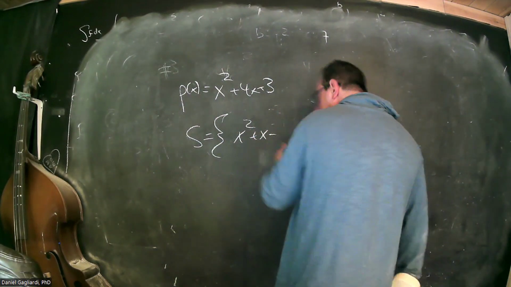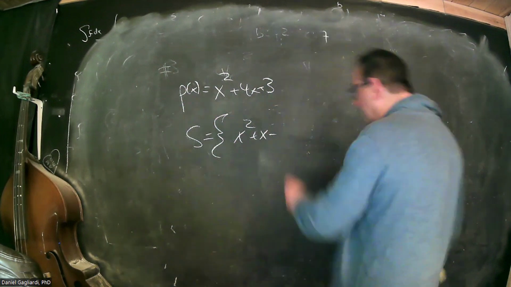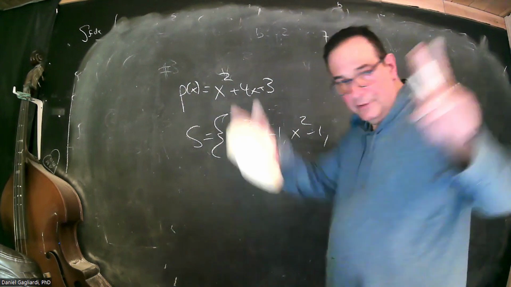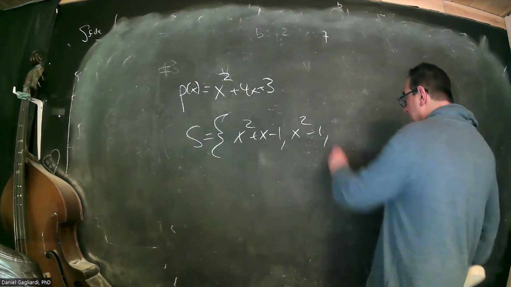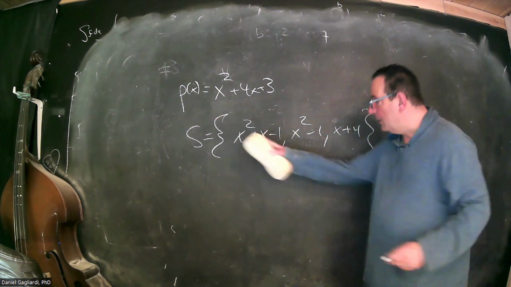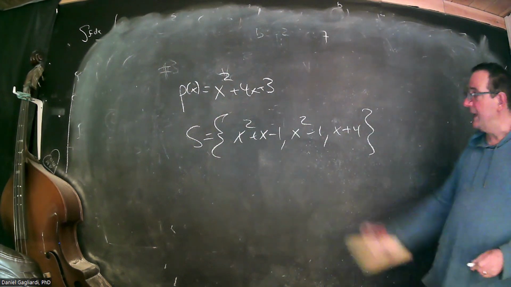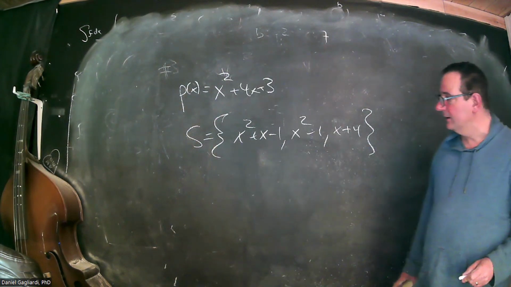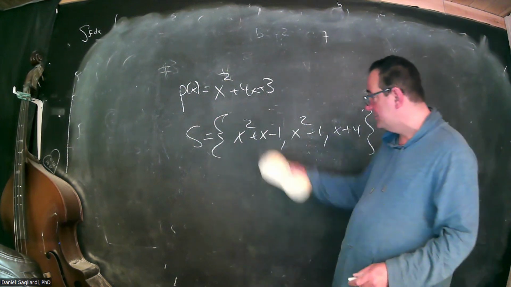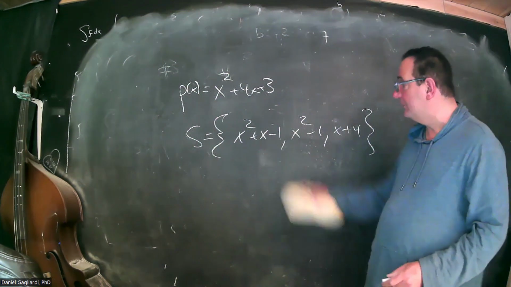So that's a vector. And then we have x squared minus 1, that's another vector. And then x plus 4 is another vector. So, these being our transports, can we get to the target? And if we can, then we could write the coefficients that will take us to that target.